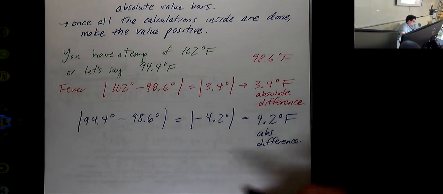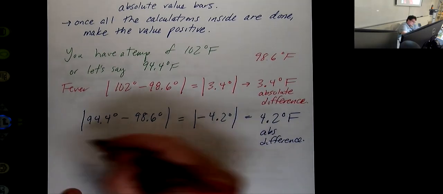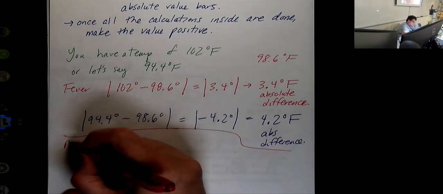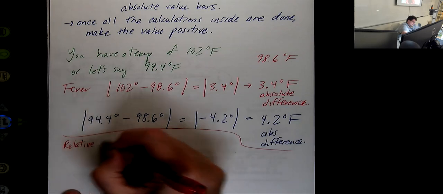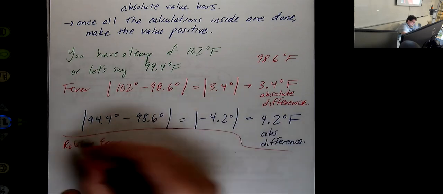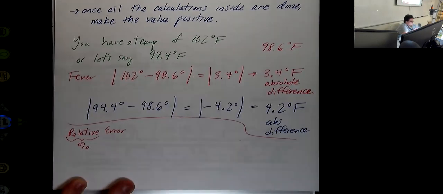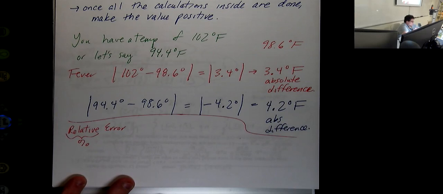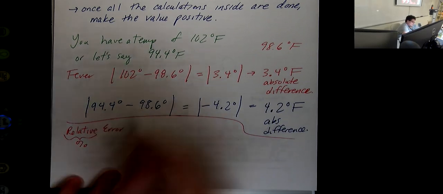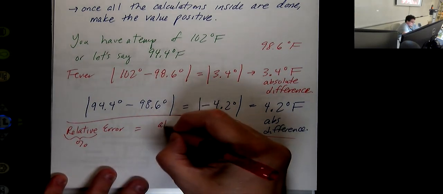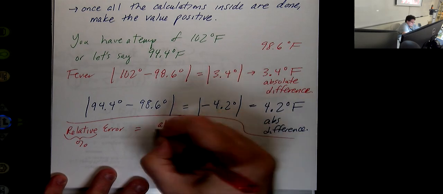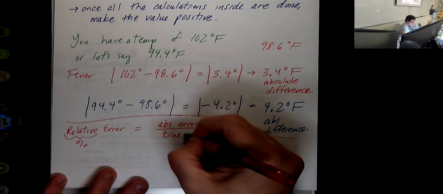This has got a lot of little stuff in it here. Relative error. Relative almost always generates a percentage when you're talking about it in terms of math and science. It's always going to be like percentage error. What we do is we take the absolute error and we divide by the true value.